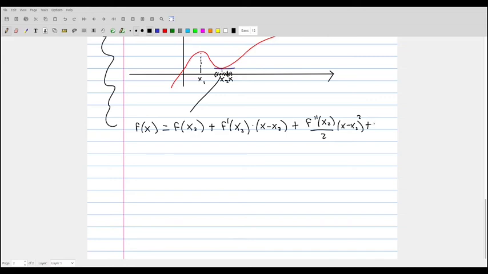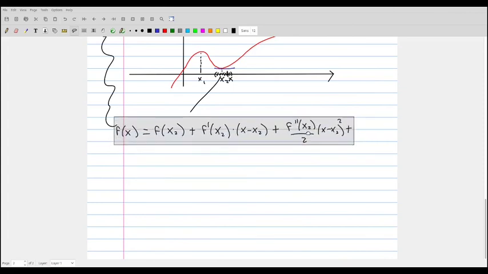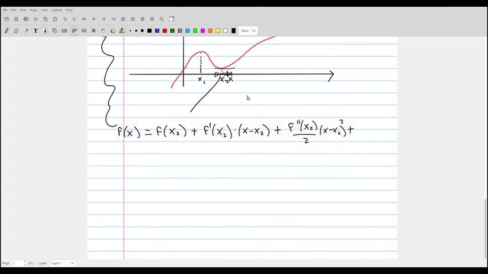And then we have to add to that always an error term, or the remainder term in the Taylor series approximation, which we'll call R2, and it depends both on x and on x naught. It has the property that R2 goes to 0 very fast as you get closer and closer to the point at which you're evaluating the Taylor series.